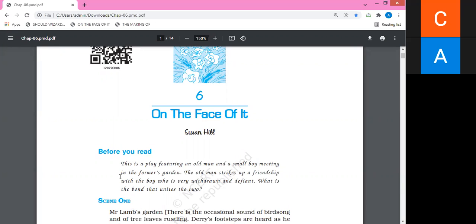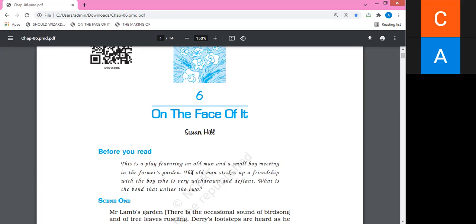So we had already done the before-you-read part. We look at this small paragraph, which highlights that this play features an old man, Mr. Lamb, and a small guy, Mr. Derek. That boy had met that old man in the old man's garden, the farmer's garden.